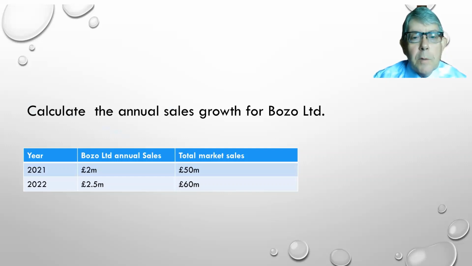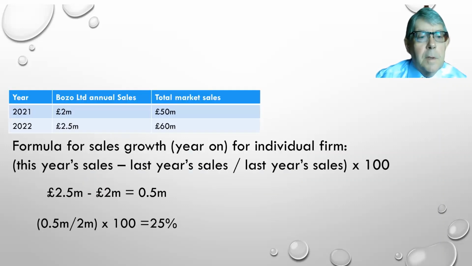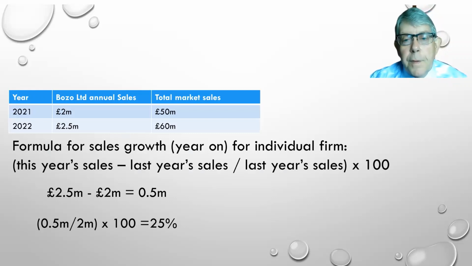Calculate the annual sales growth for Bozo Limited. The formula for sales growth year on year for the individual firm is this year's sales minus last year's sales divided by last year's sales times 100.